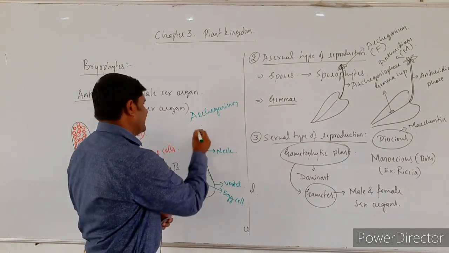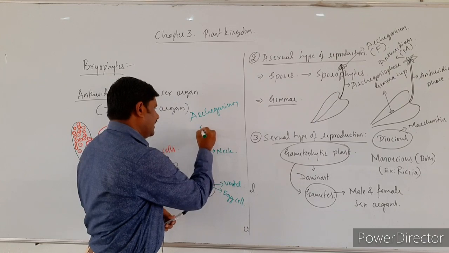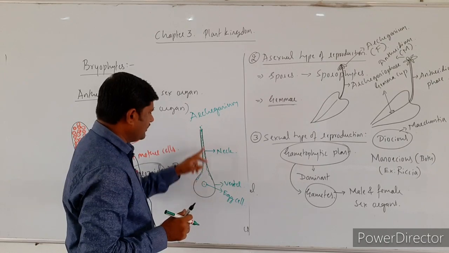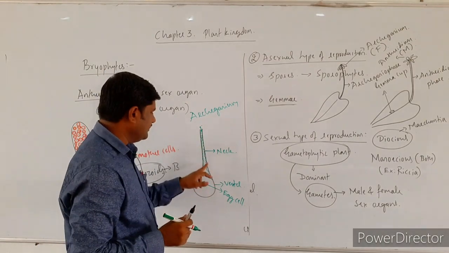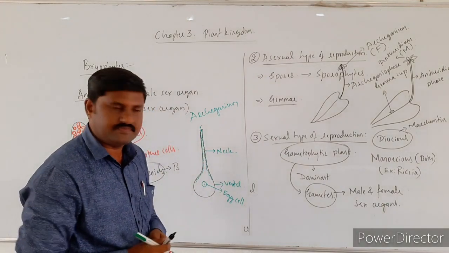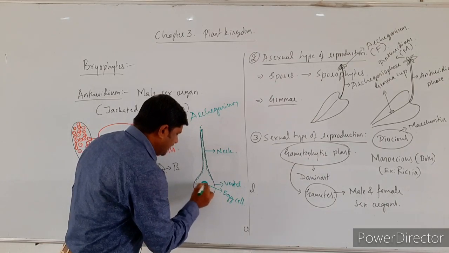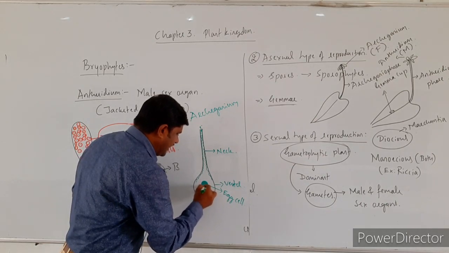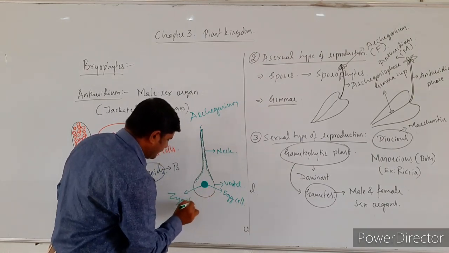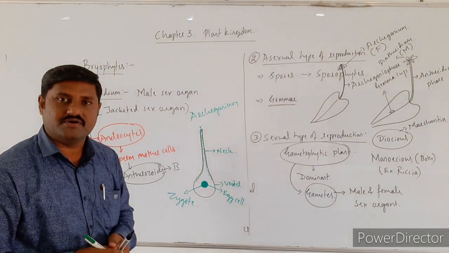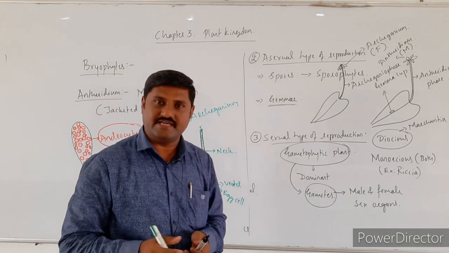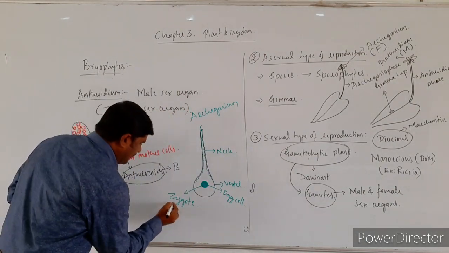When the antherozoids come over here, they enter into the neck, and the neck canal cells dissolve. Ultimately the male gamete fuses with the female gamete inside the archegonium, and it becomes a zygote. This zygote undergoes mitotic division.